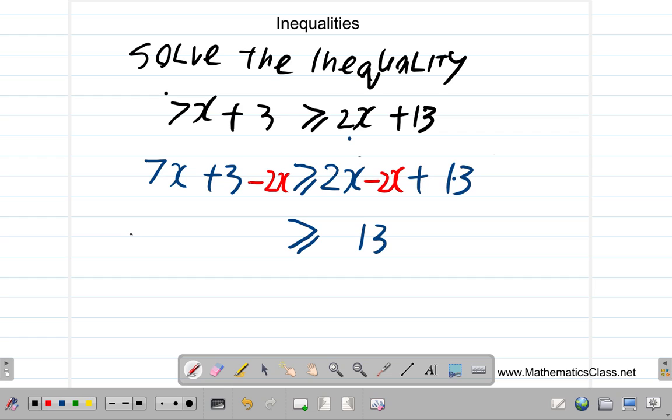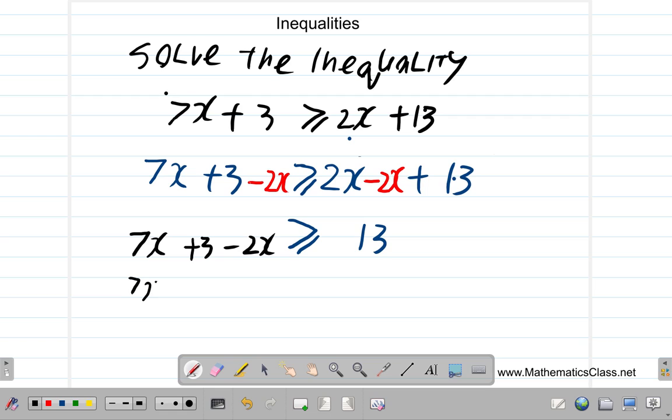So you see, I'm going to have 7x plus 3 minus 2x. Now, next thing I want to do is get rid of this 3, because I want x's alone. How do I get rid of the 3? Subtract it, of course.